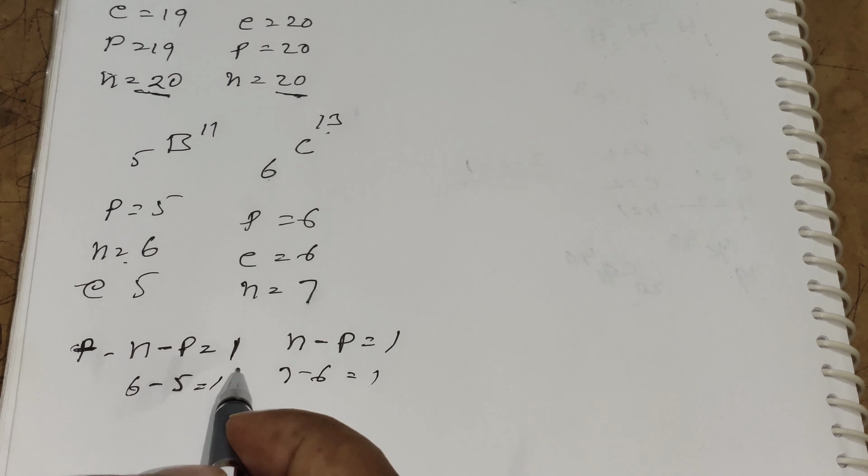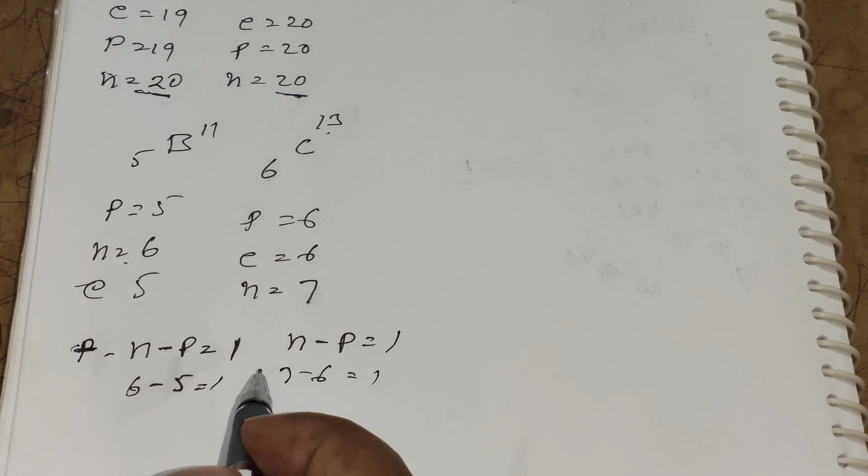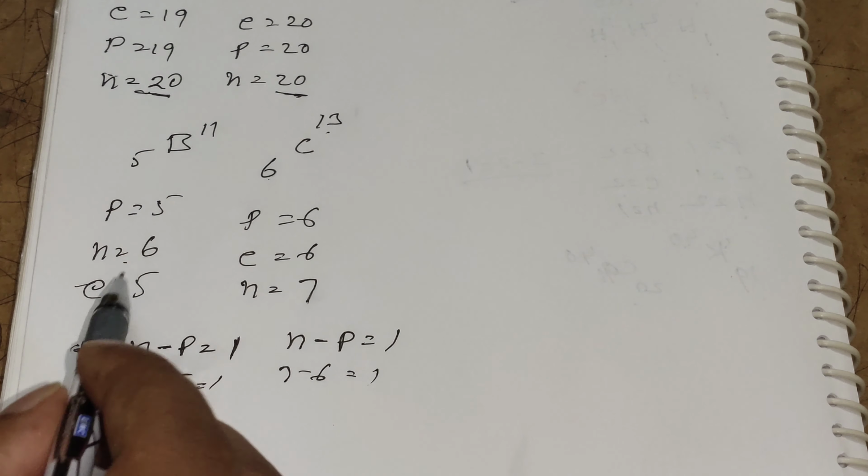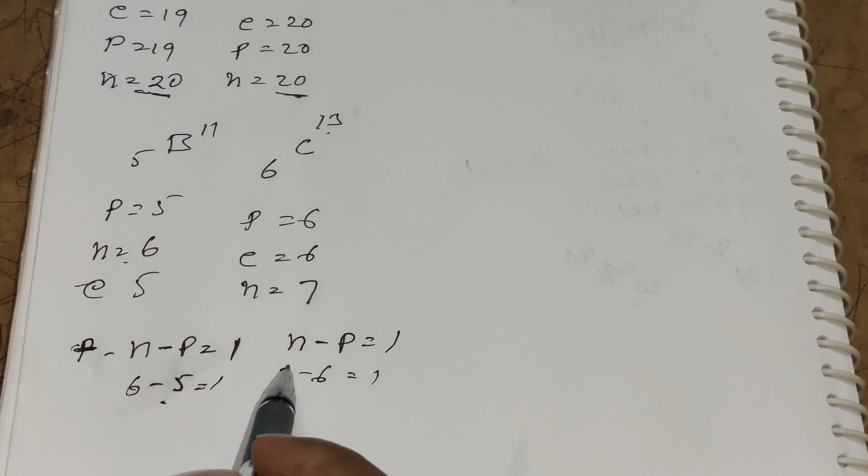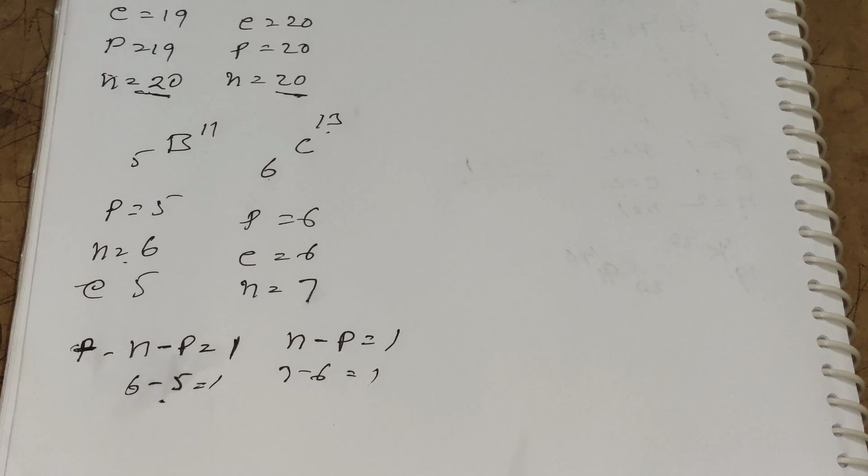So different elements which have the same difference in the number of neutrons and the number of protons are called isodiaphers.